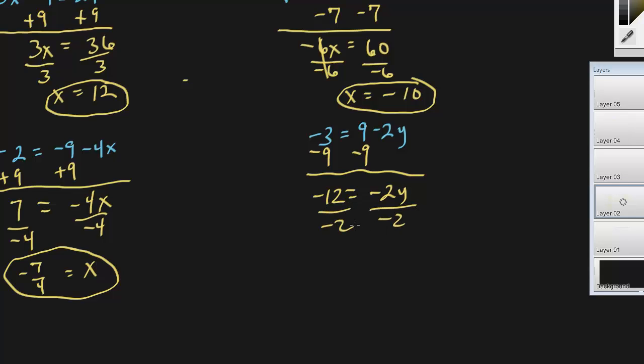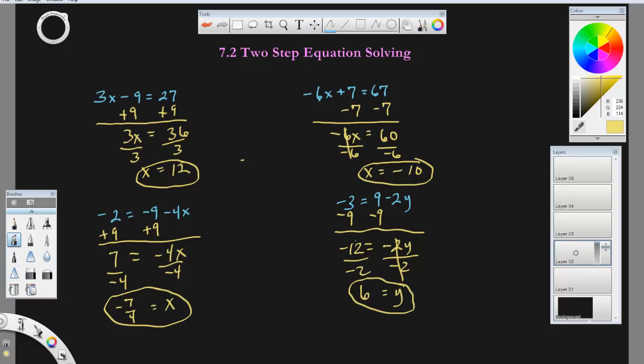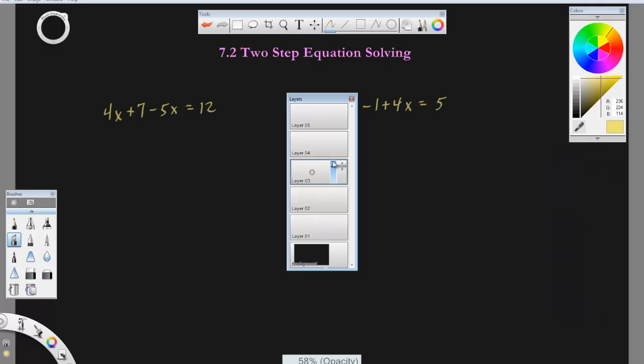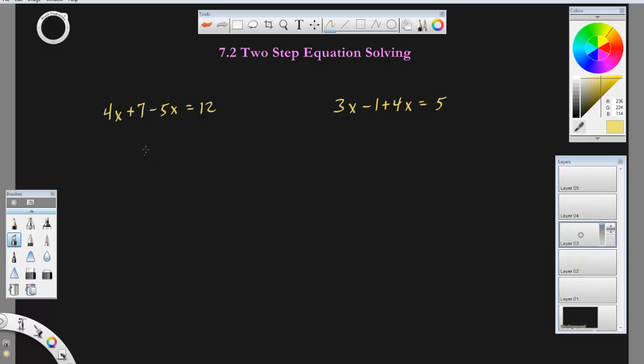That's usually the last step all the time. So we divide there, and that would cancel. Like I said, if you like to do that, go for it. 1y would equal positive 6. Now, why is it positive 6? Because it's double negatives, and we're dividing. All right, now watch it pop out there like it shouldn't, and it does. It does every time. I don't know why, but it does.